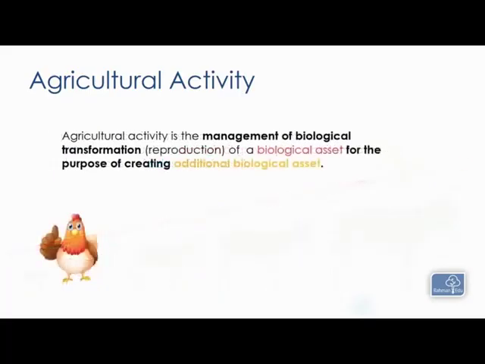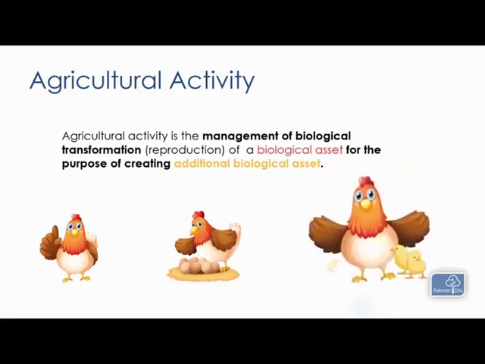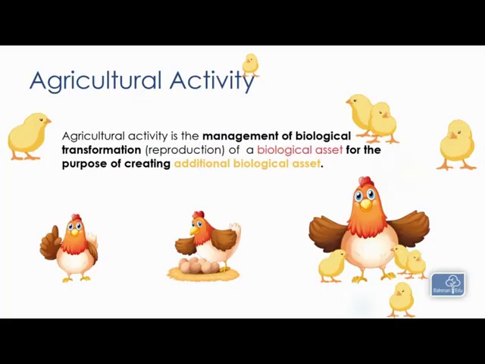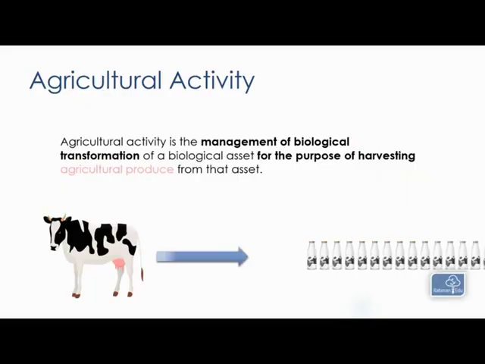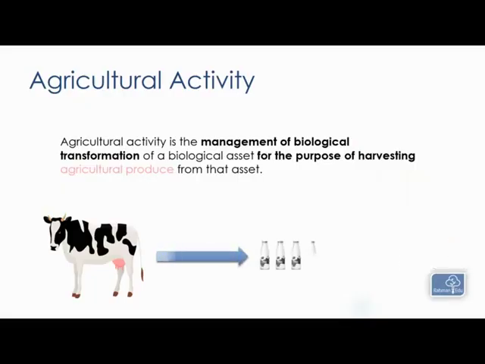Or agricultural activity can be management of biological transformation of a biological asset for the purpose of creating additional biological assets. Or agricultural activity can be the management of biological transformation of a biological asset for the purpose of harvesting agricultural produce from that asset.